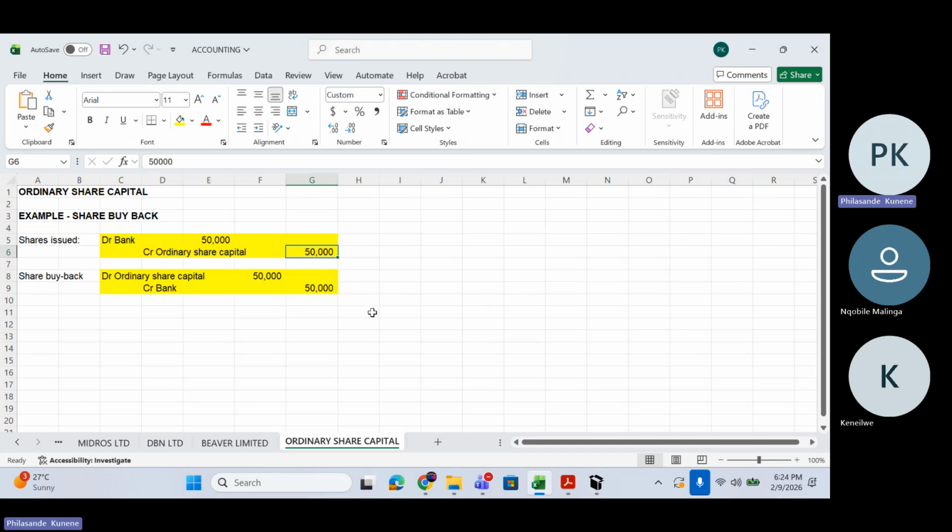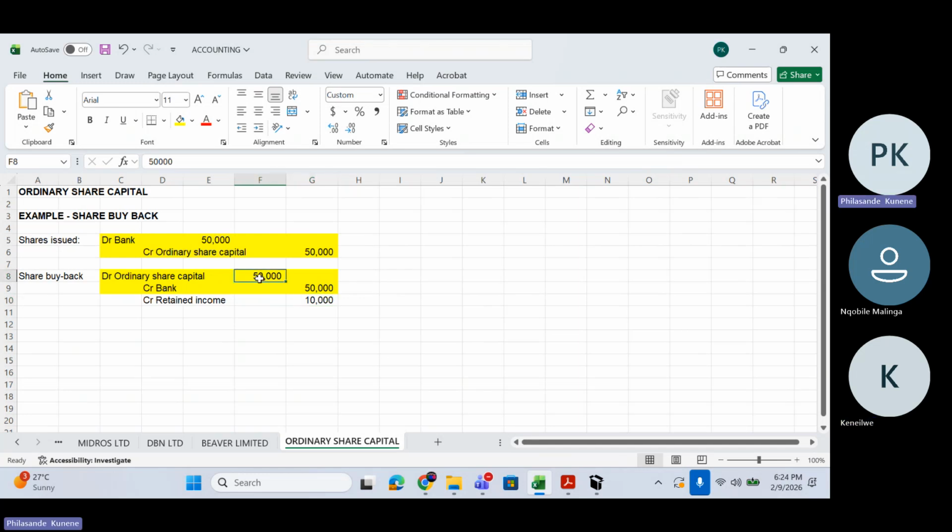The only time where retained income will be affected is when I issued shares at 50,000 and I buy them back at 60,000, for example. That's when I also need to credit retained income with the difference, which is going to be 10,000. And then I'm going to have 10,000 here.